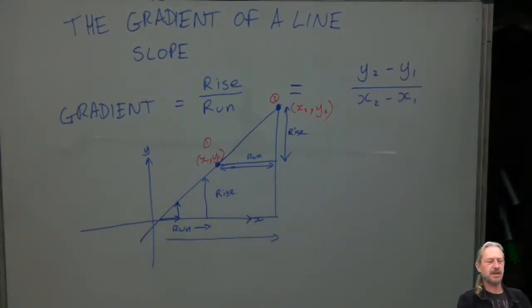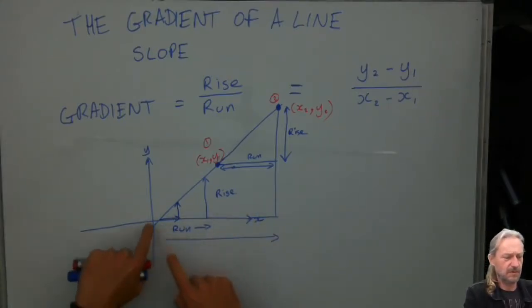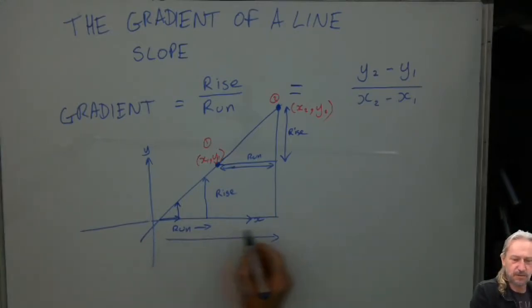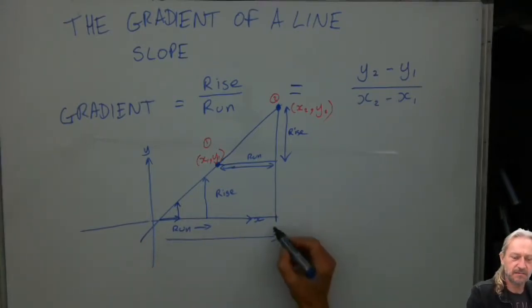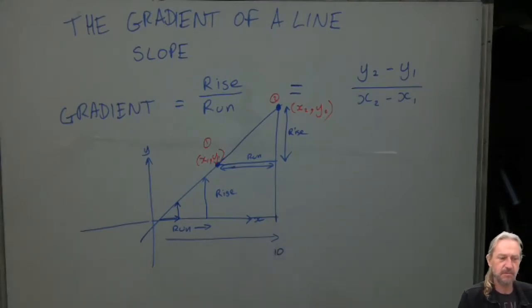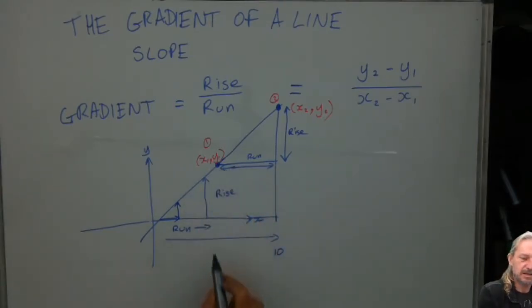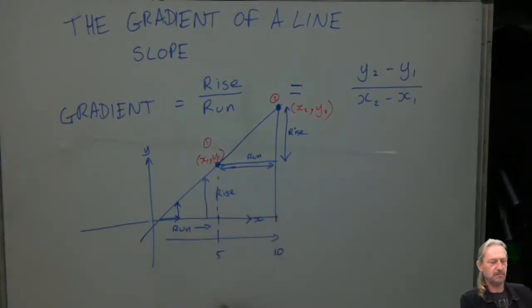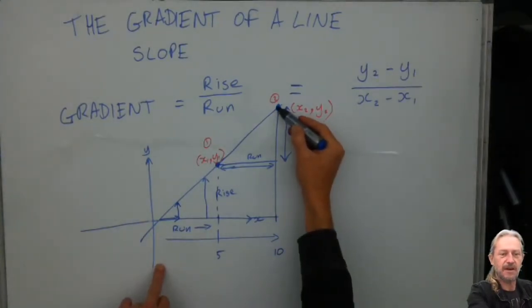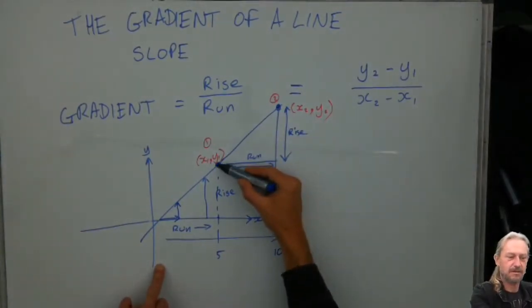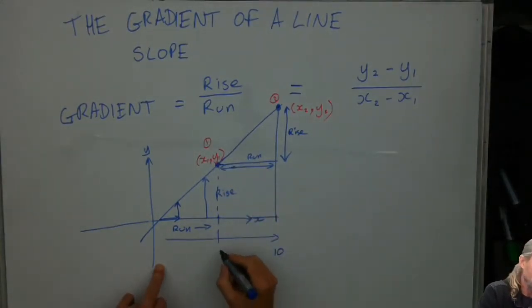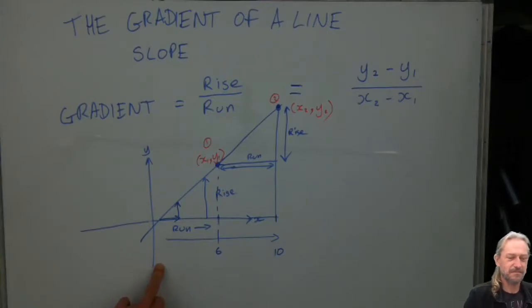So what that essentially does is, if this is 0 and this full distance is, say, 10, but this point here is at, let's say, 5, the x value for this is 10, but the x value for this is 5, let's call it 6, just so we don't get confused.